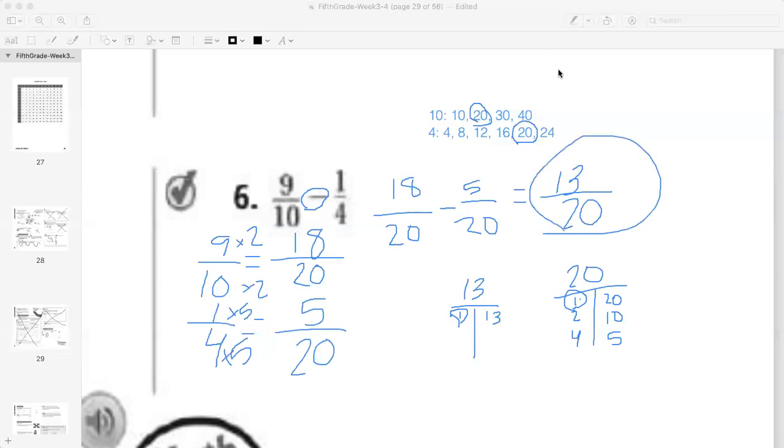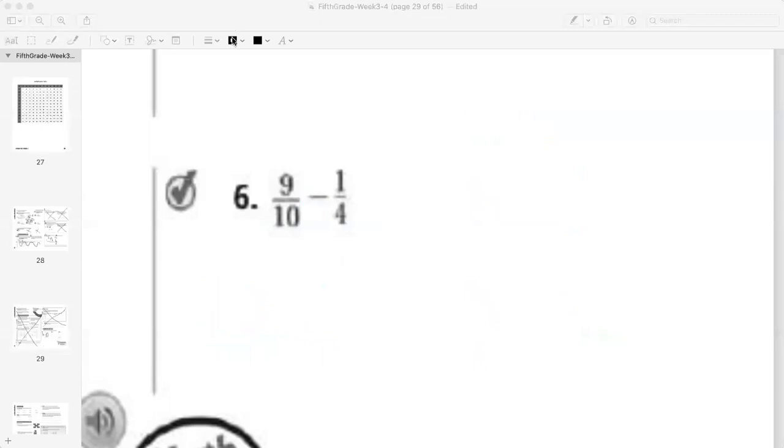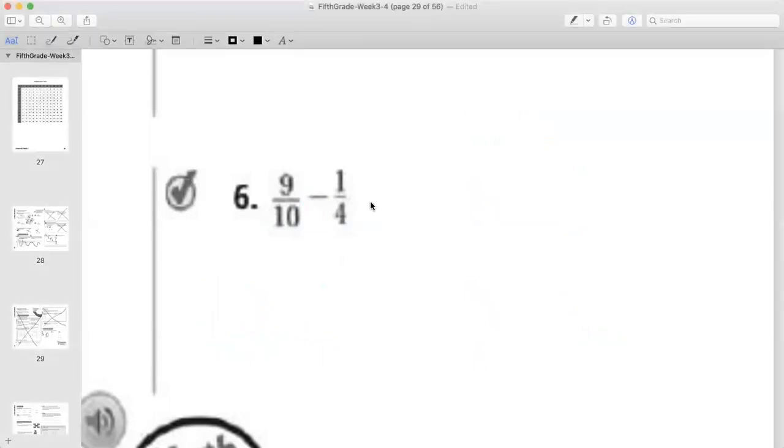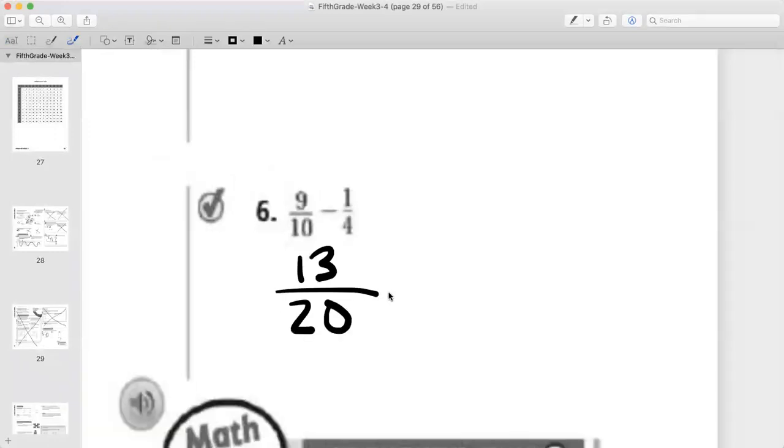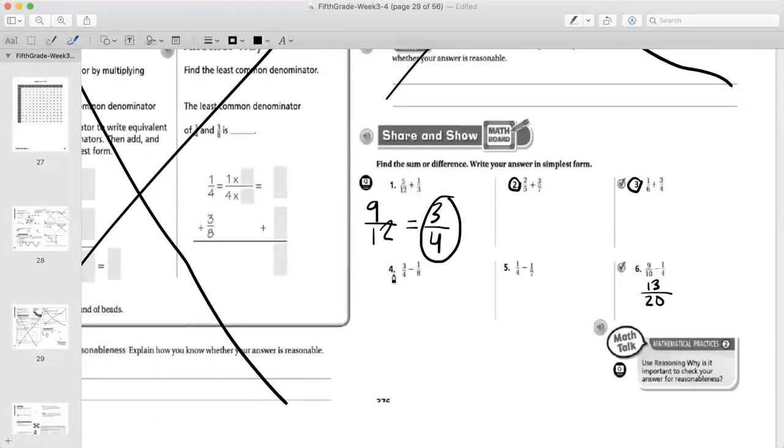So let me clear that and write it down so it stays in the right spot on the page. So our answer here is 13/20.